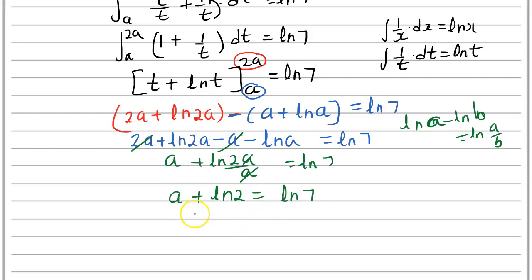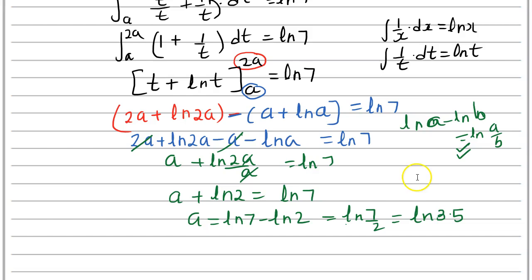So a is ln 7 minus ln 2, and using this rule, you can write ln 7 divided by 2, that is ln 3.5.